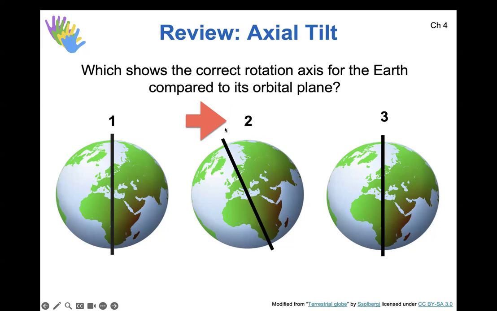But anyway, regardless, 2 obviously is different than either 1 or 3, and it does show about the right axial tilt. That's that 23.5 degrees, which would be this angle between the line and the vertical.